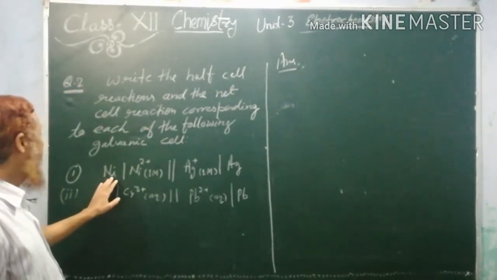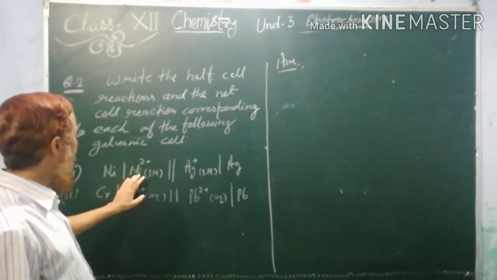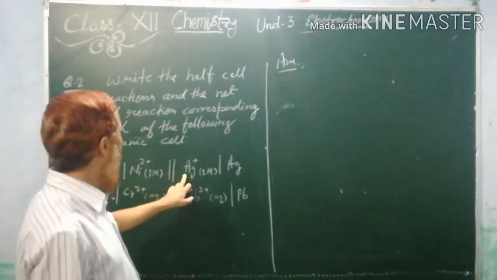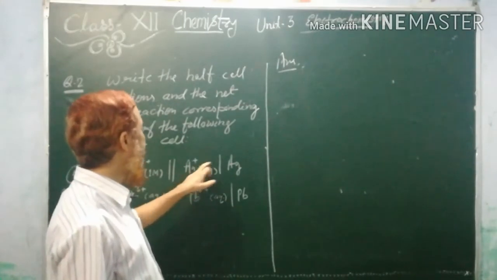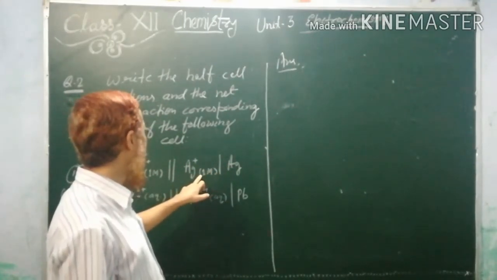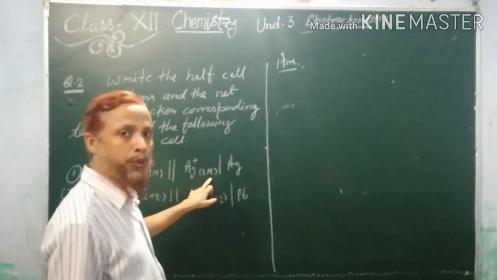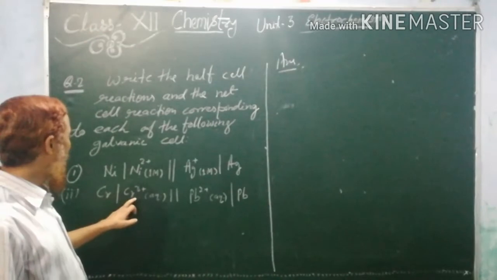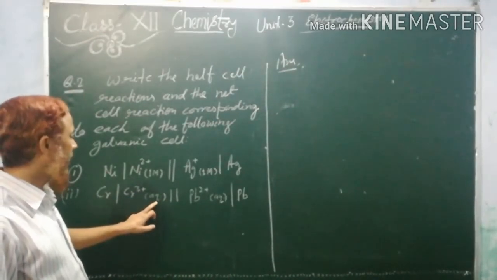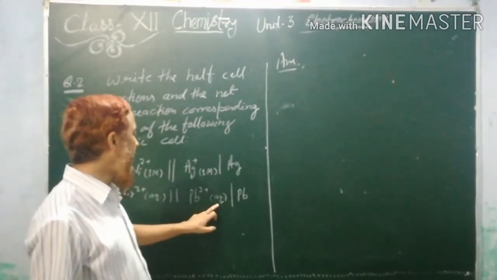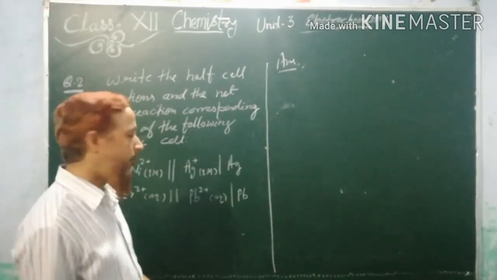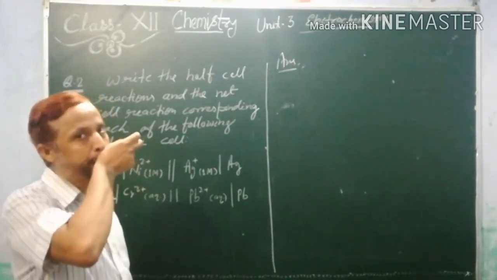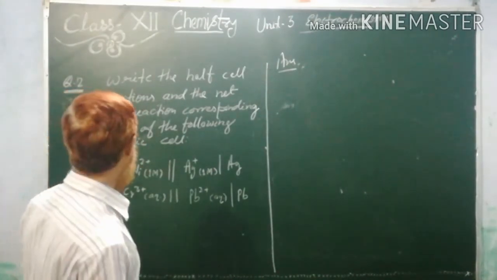The first one is given: nickel metal changing into nickel ion, whose concentration is 1 molar, and silver ion at the cathode changing into silver, and the concentration of silver ion is also 1 molar. And this is chromium electrode changing into chromium ion in aqueous solution, and the lead ion from aqueous solution changes into lead. So these are the two cells represented. Firstly you have to write the half cell reactions, then the net cell reaction. So let's do the first.